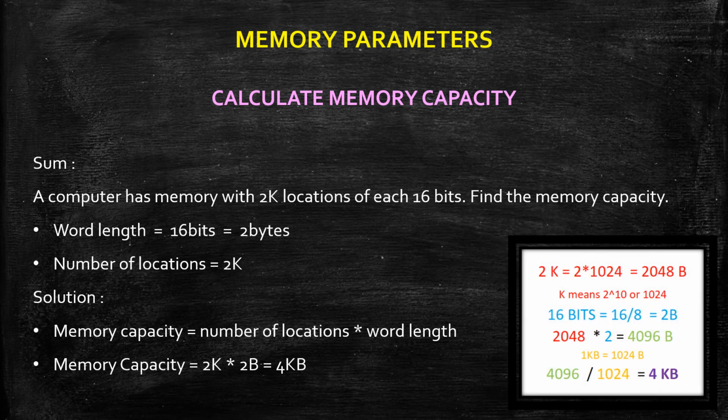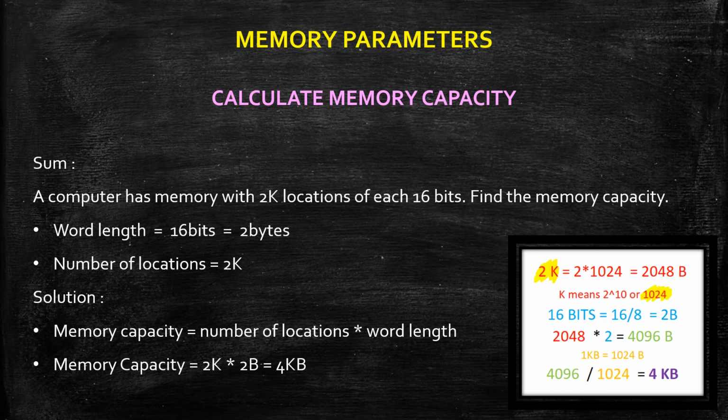So here we have the calculation. As you can see, the number of locations is 2k, right? What is the meaning of k? K means 1024, that is the value for the k.